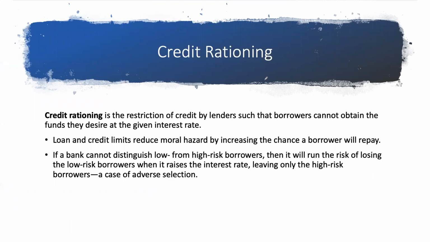Another mechanism through which you manage credit risk is credit rationing. This is basically establishing limits on how much you can lend, right? No credit card is going to give you carte blanche, unless you're really wealthy, to spend however much money you want. If you have a credit card, you know that it comes with a credit limit, and the credit limit is determined by how much the bank thinks you are capable of managing credit responsibly, right?